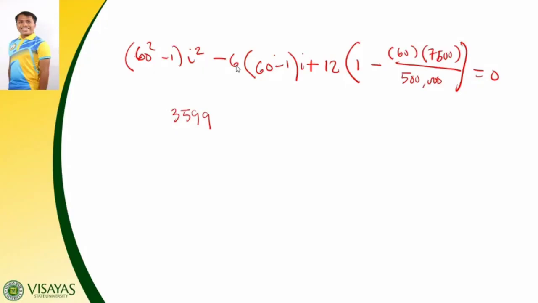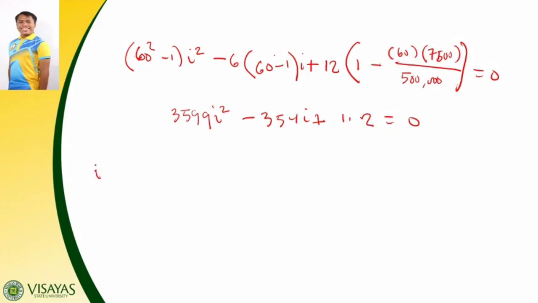So 3,599 squared, I squared minus 354I. 60 minus 1 times 6, that's 354. Correct. 354I plus 1.2 equals 0. Okay, 60 times 7,500, divide by 500,000, 1 minus the answer, times 12. 1.2. Perfect. Okay, so that's our quadratic equation.